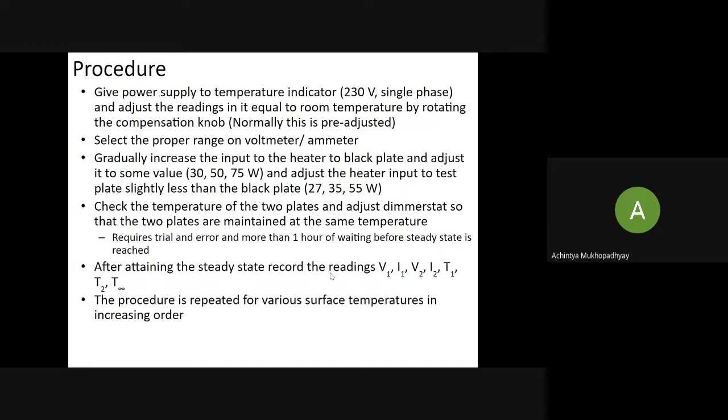So it requires trial and error and more than 1 hour of waiting before steady state is achieved. Because the heat transfer by convection is very low, the steady state is achieved very slowly, so you have to wait for more than 1 hour.